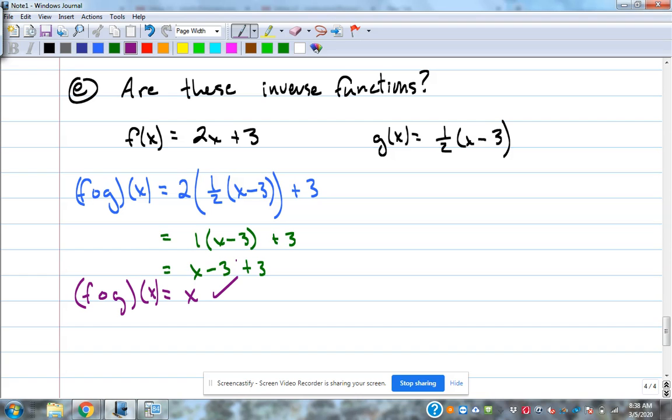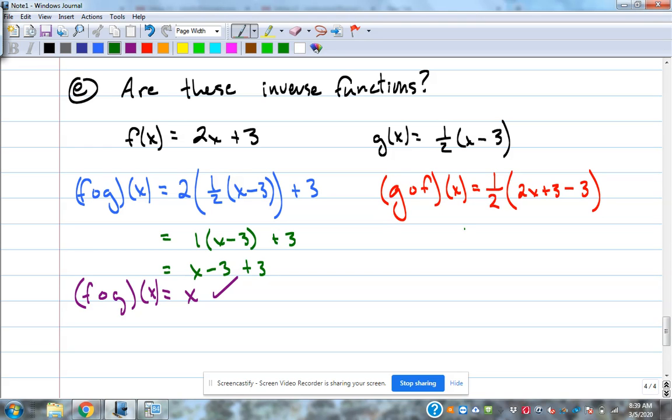We verified it in one direction. We've got to verify it in the other direction. Okay. So we're going to do g composed with f of x. For this one, we're going to take the f of x function and plug it into the g of x function. So it's going to be 1/2 parentheses 2x plus 3 minus 3.